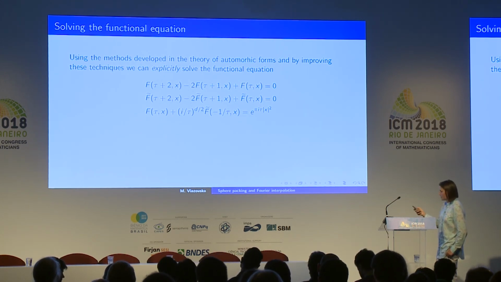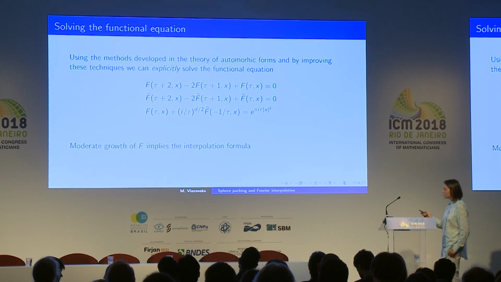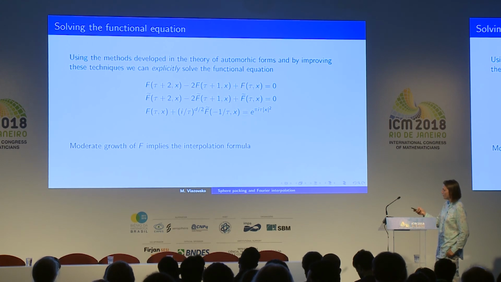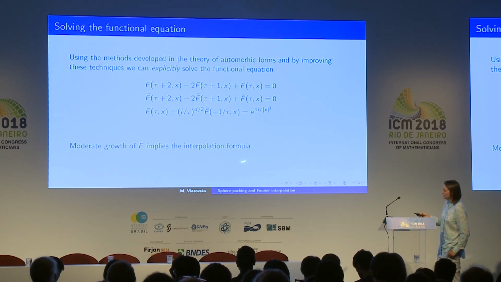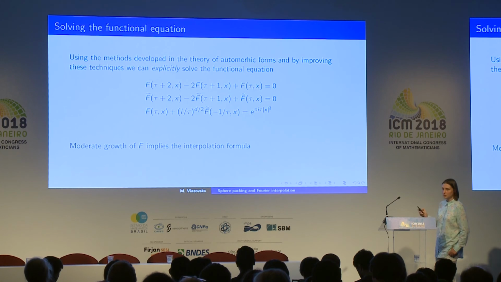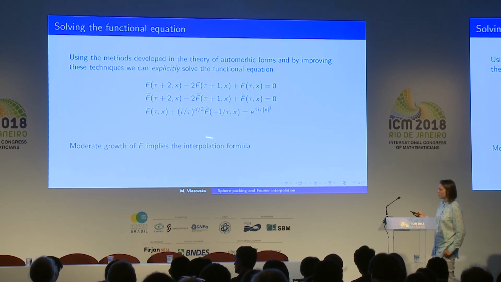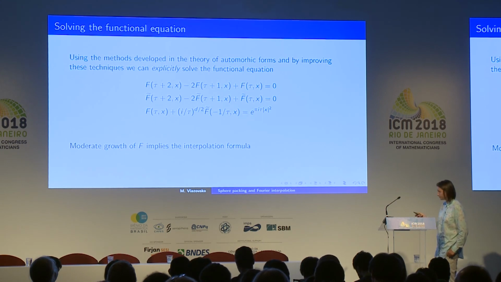The existence of the interpolation formula will then be equivalent to the existence of such a function f, which satisfies this condition and also has moderate growth. The moderate growth will actually give us the convergence of our interpolation formula.